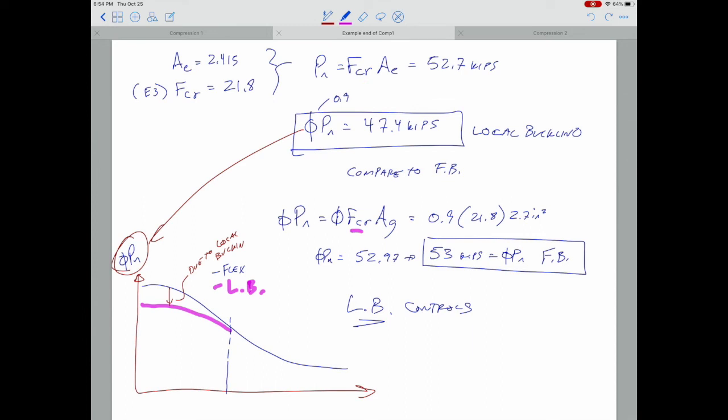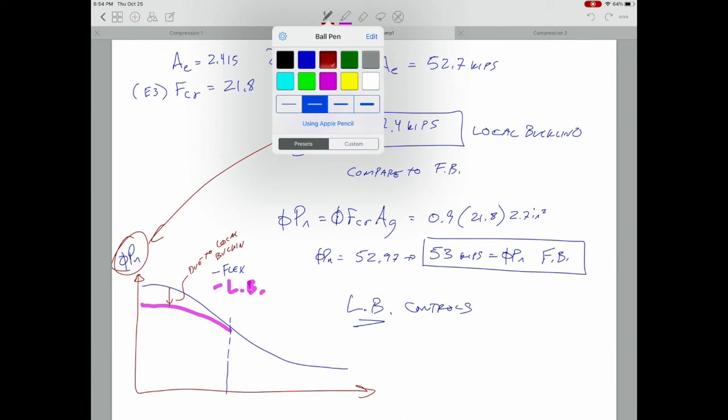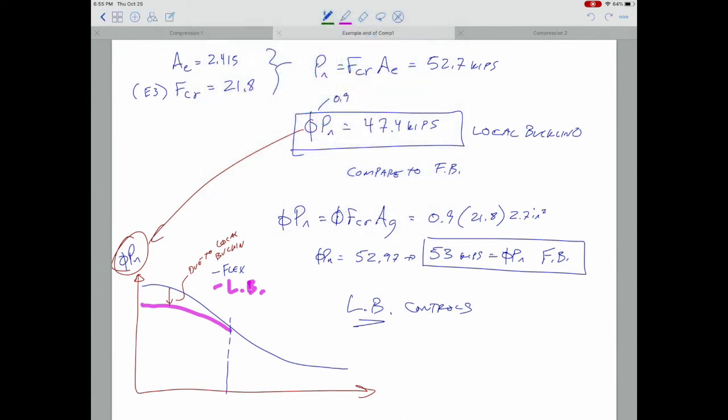Okay. So I hope that was helpful in local buckling. I know it seems like a really long process, but this is a very important concept to be aware of. One last thing that I'll note is back to the fact that we used Fy of 46. This is old, right? Now Fy for HSS sections, HSS is 50. This is current. Now what do you think this is going to do?